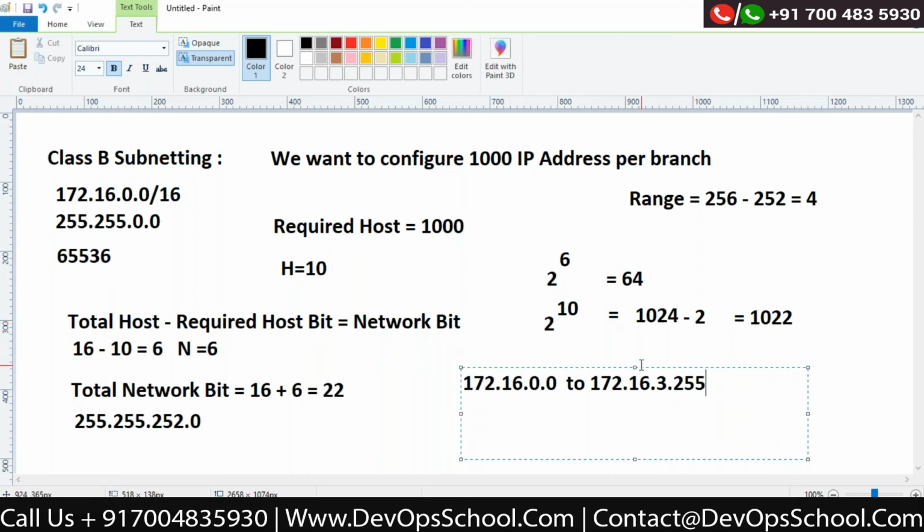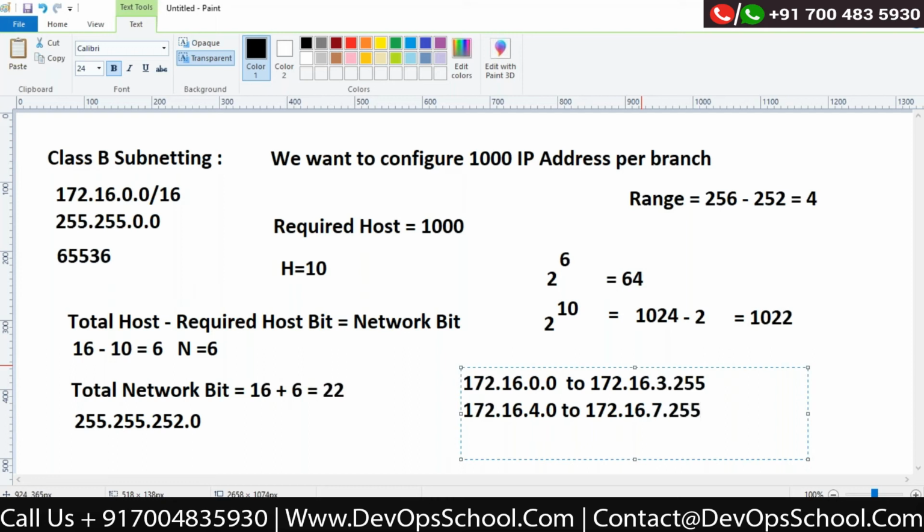So this is the first range of my IP addresses. The second range would start with 172.16.4.0 to 172.16.7.255. So it keeps increasing like this.